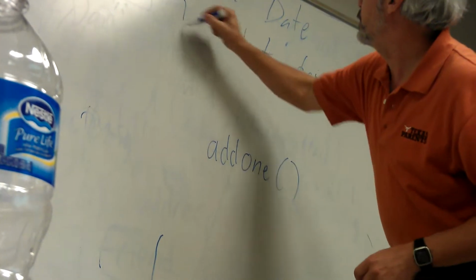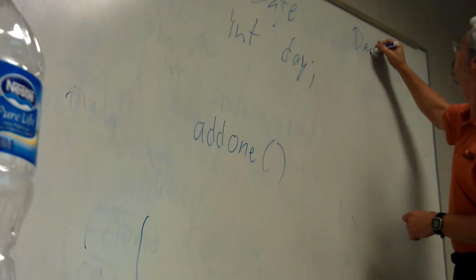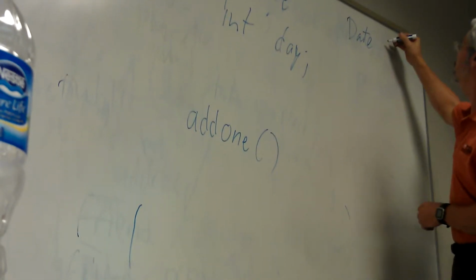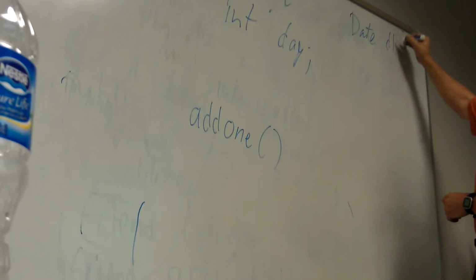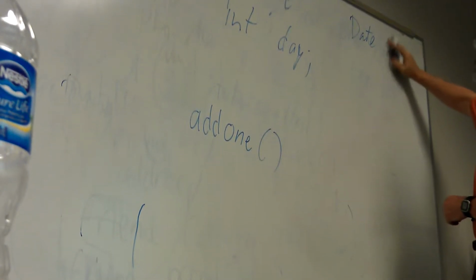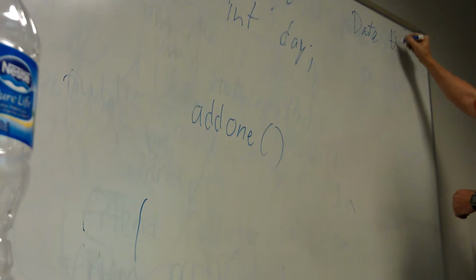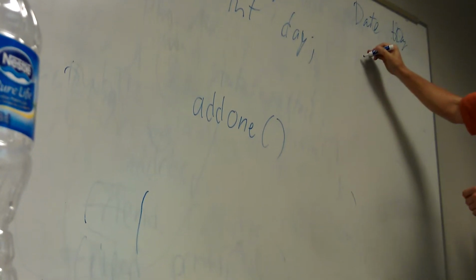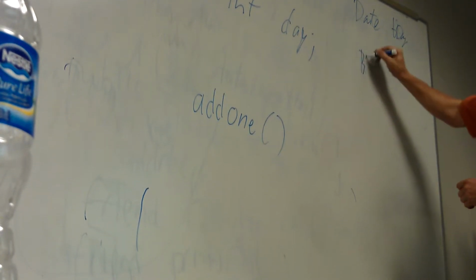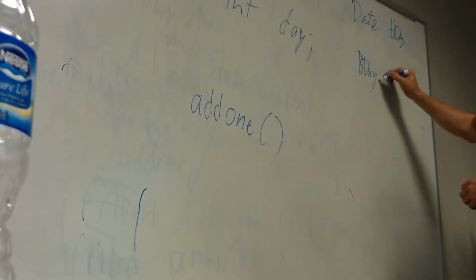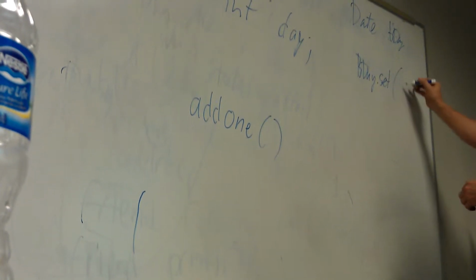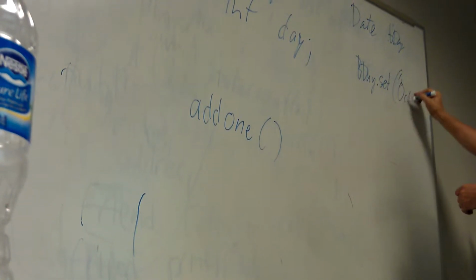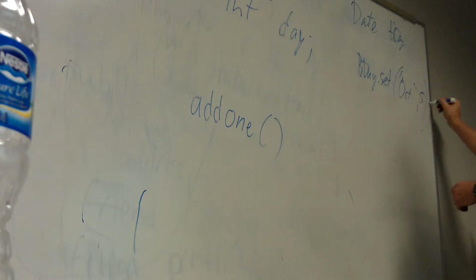The way it's going to work is, if I have a date, say date bday, my birthday, and I'll say set, and I'll call this October 5th.